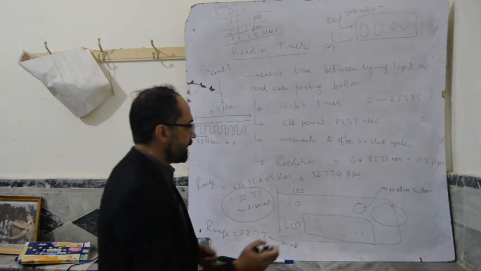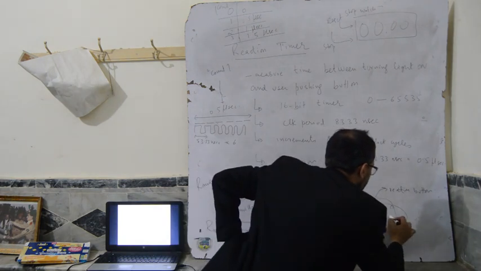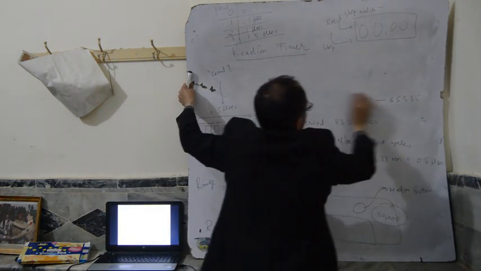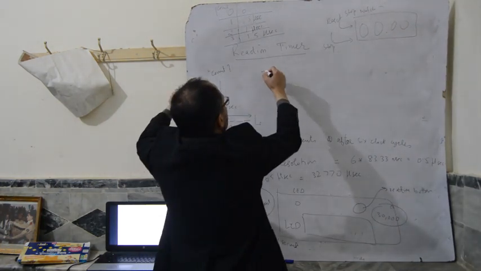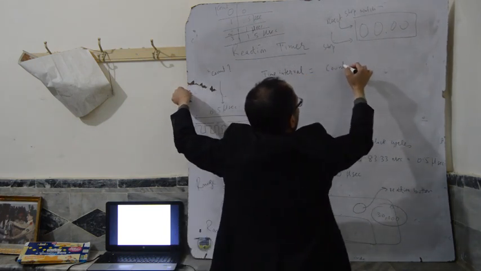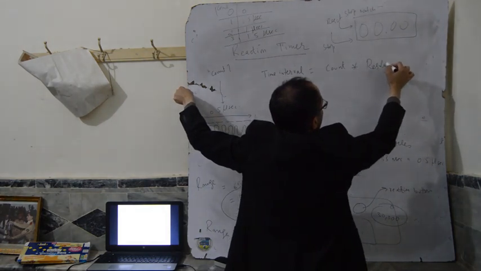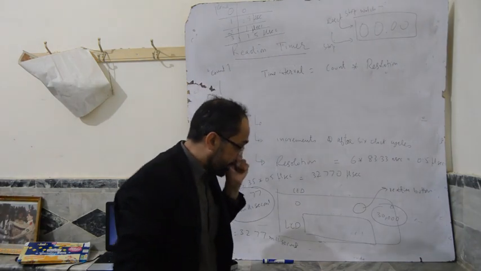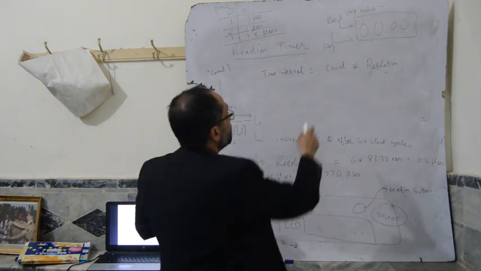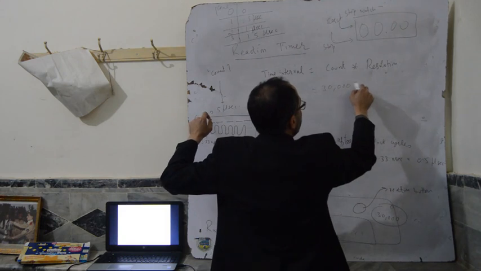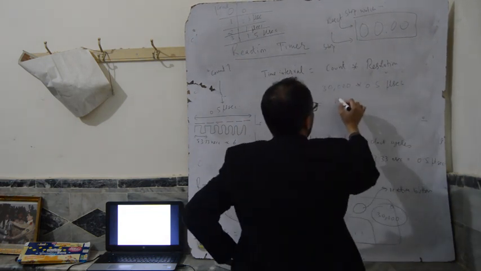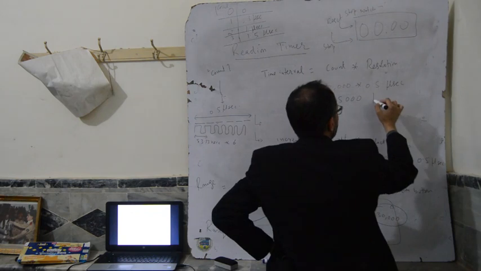When the user presses the button, if the count is 30,000, what will be the time interval? The time interval is equivalent to the count multiplied by the resolution. In this example, the count is 30,000 and the resolution is 0.5 microseconds, so this will be equal to 15,000 microseconds.